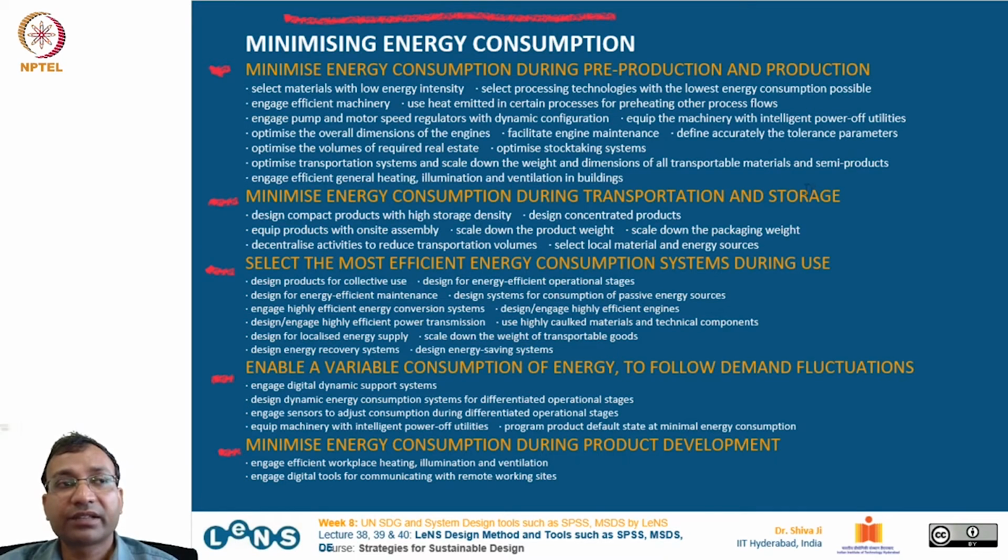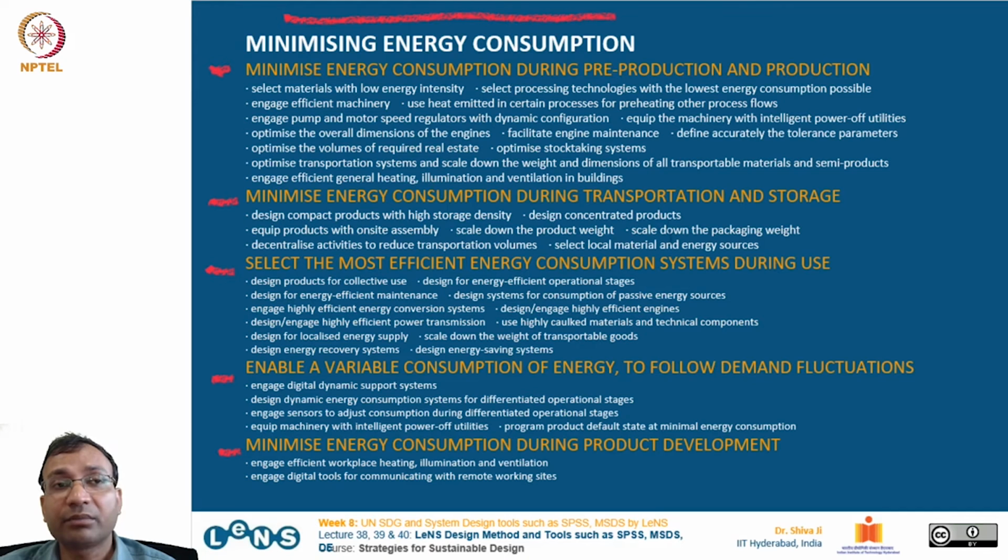Further, towards the next stage, minimizing energy consumption during transportation and storage. Design compact products with high storage density, so that every square inch, every inch of volume, is used for transportation, and the stuff is transported efficiently, so that we can maximize the use of the fuel consumed.